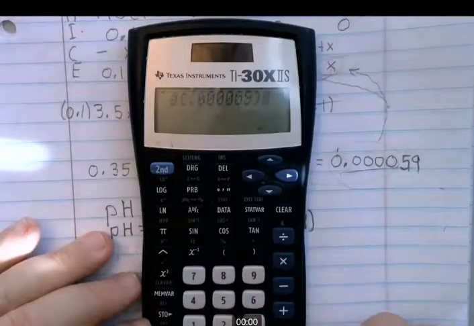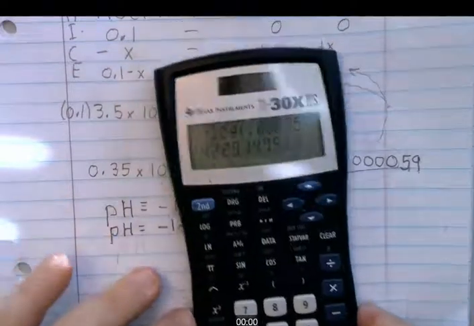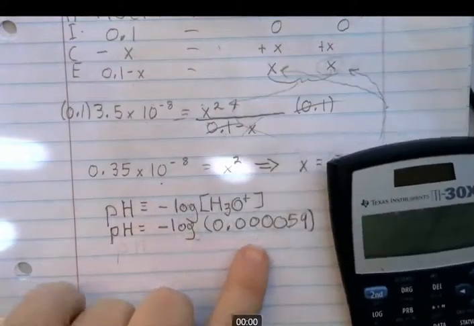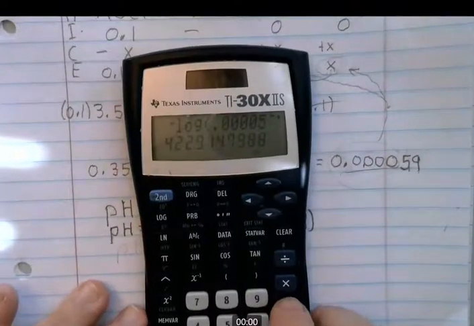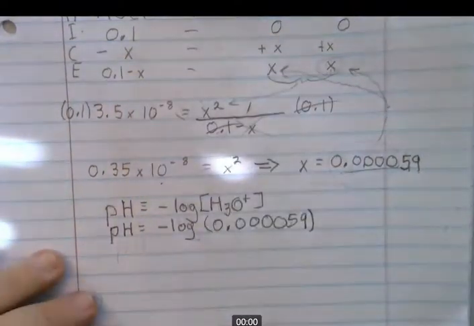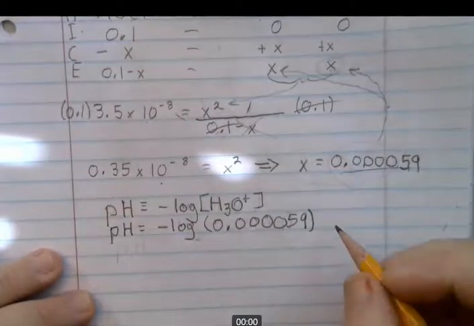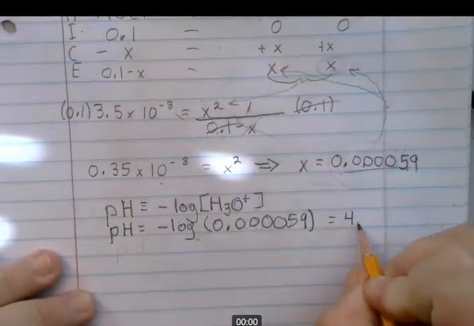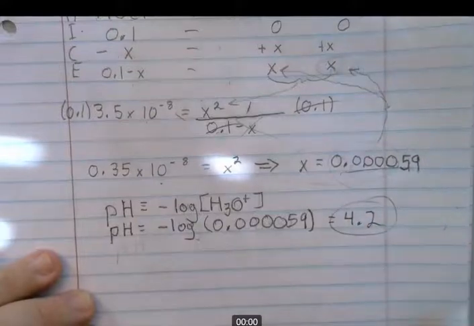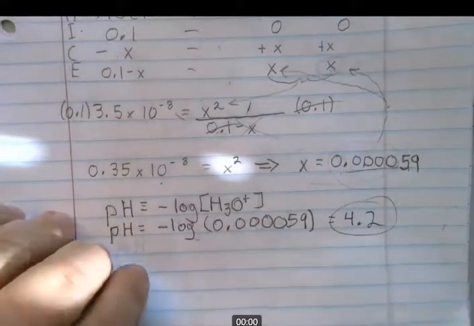Close the parenthesis and hit equal. In other words, I was just plugging it into this formula, and that gives me the number 4.23. And on the solution sheet, if you look at it, they just round it to 4.2 for the pH. So that's your final answer. That's the pH in this problem.